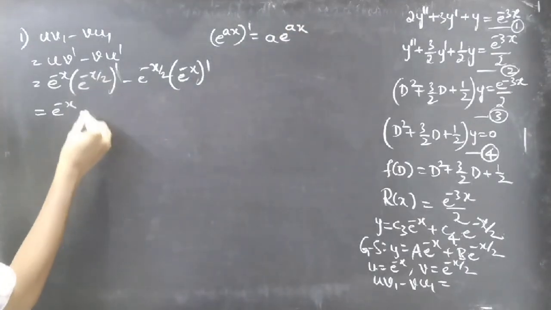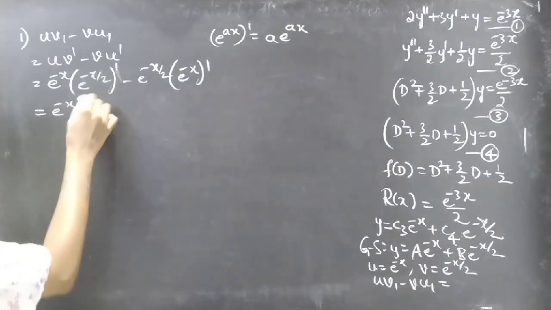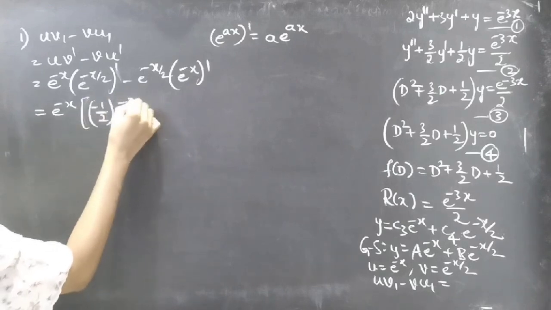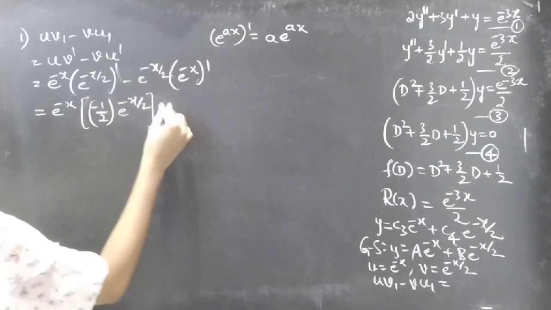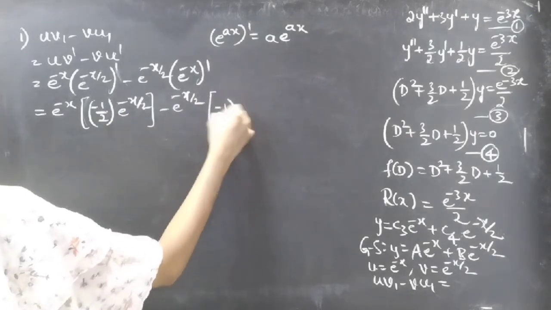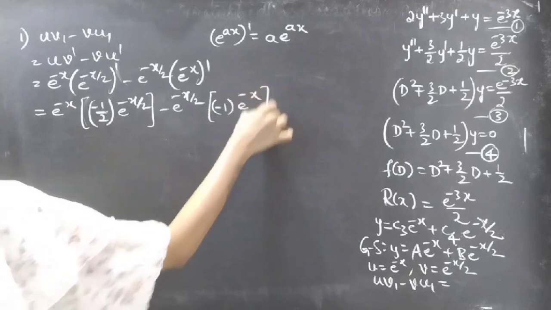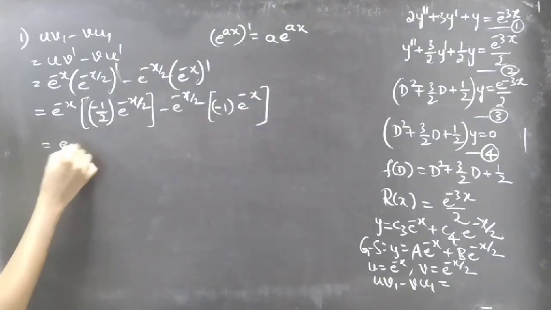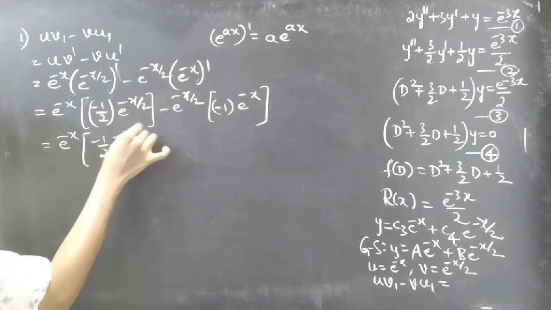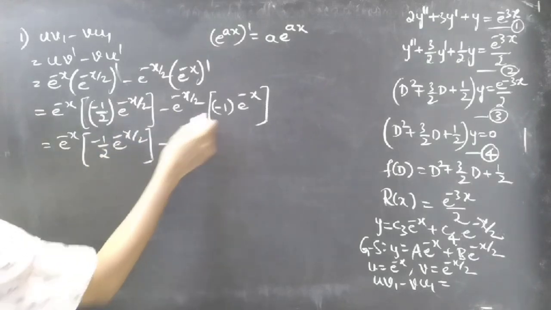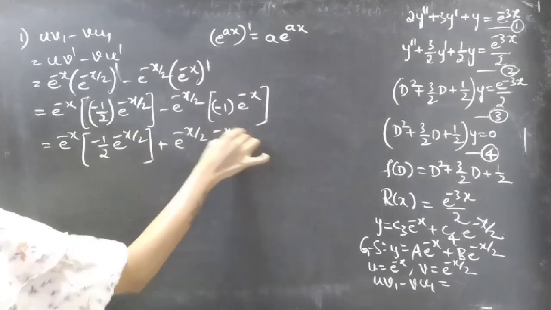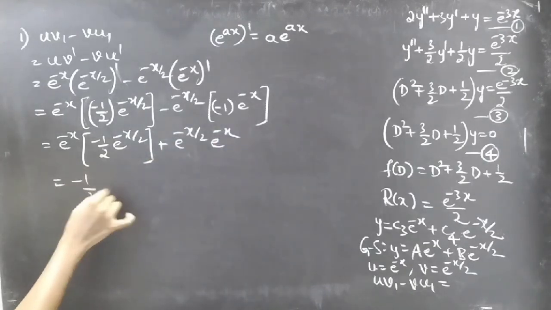Then for a equal to minus 1 by 2 we'll get minus 1 by 2 into e power minus x by 2 minus e power minus x by 2 into minus 1 into e power minus x, right? This gives us e power minus x into minus 1 by 2 e power minus x by 2 plus e power minus x by 2 into e power minus x, or you can write directly, okay?